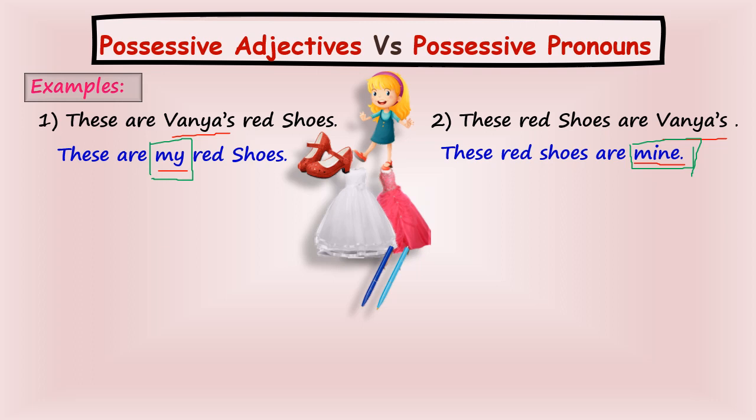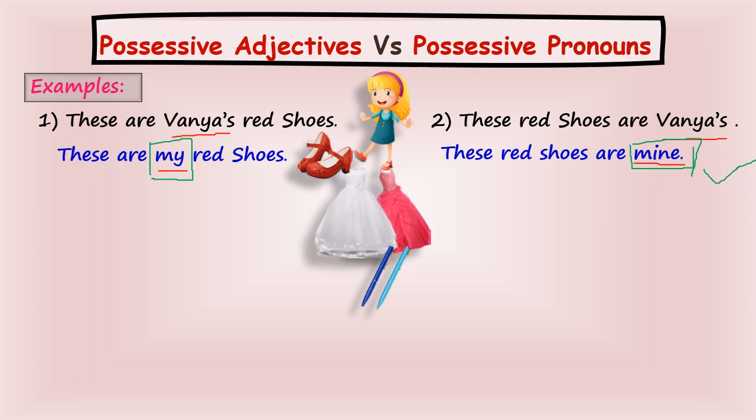Is it a complete answer? No. My is not a complete answer. Mine is a complete answer. With mine, you don't need anything because mine itself is telling that these red shoes are mine. This is giving a complete message, a complete answer. But my in the first sentence is incomplete.